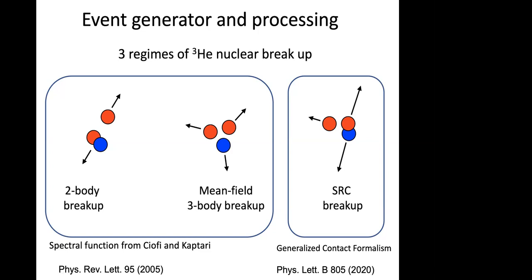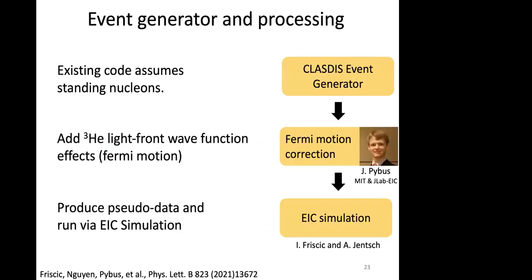If you want more detail about what is included in the spectral function and the contact formalism, please check these two papers out as well. So now, after we're able to add the Fermi motion on the neutron inside helium-3, and calculate the two spectator proton momentum and angle distributions, we have a generator to generate a big sample of events.